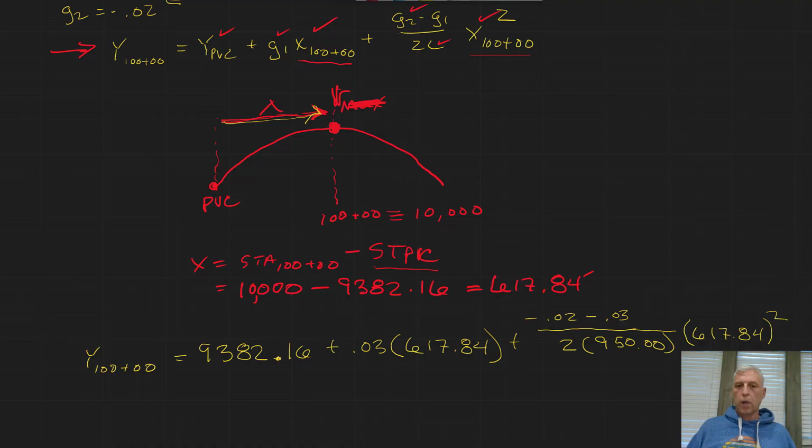So all I did was plug in our givens and what we derived for our X component, that distance from station 100 plus 0, 0 to the PVC.